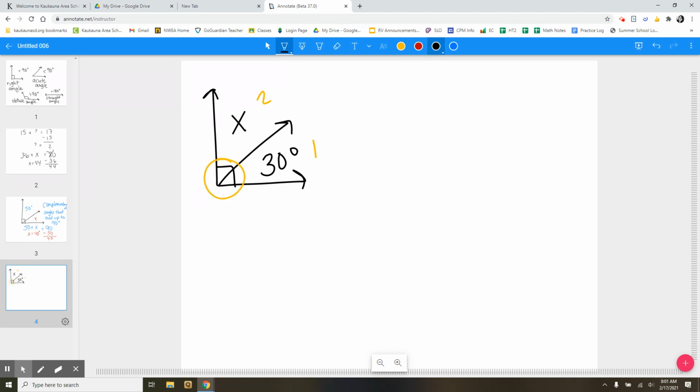We can write this out as saying that I know that it equals 90 degrees. I have one piece of 30 plus the other piece, which gives me 90. I have to ask myself, what plus 30 is going to give me 90? Some of you can use mental math to figure out 30 plus what gives you 90.